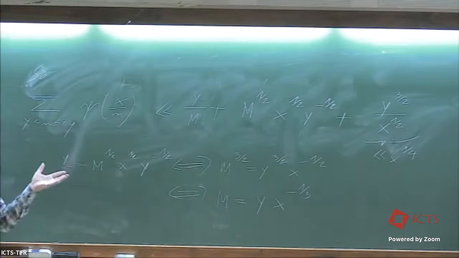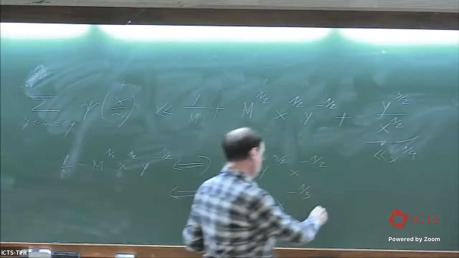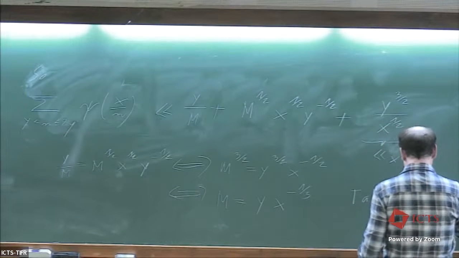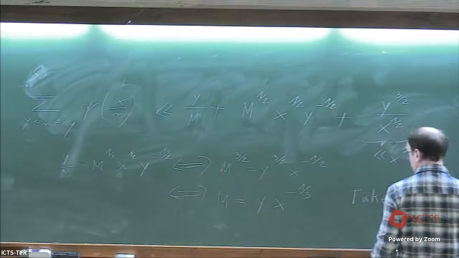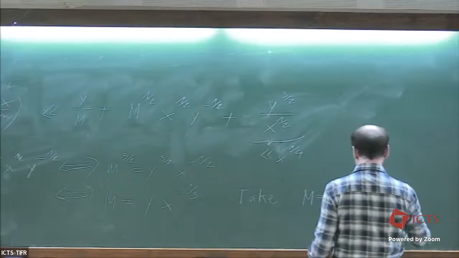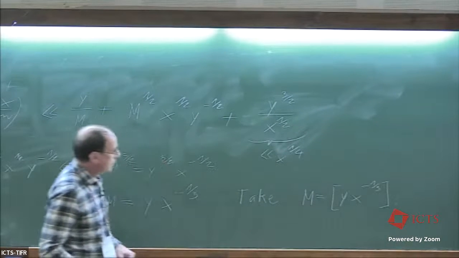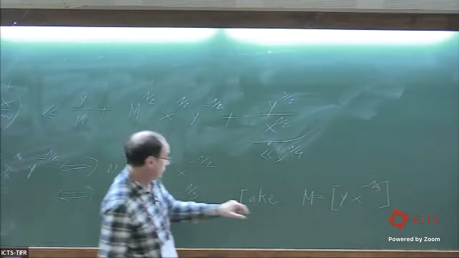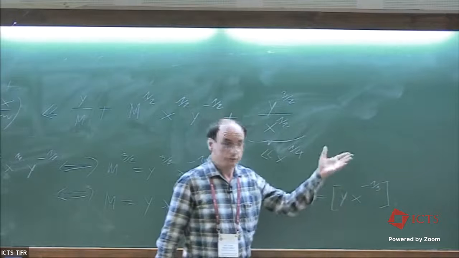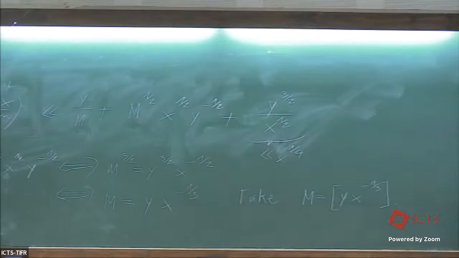Good, and we want an integer, so we take m equal to the floor of y x to the minus 1/3. So this works because y is greater or equal x to the 1/3. Therefore I made that assumption here.